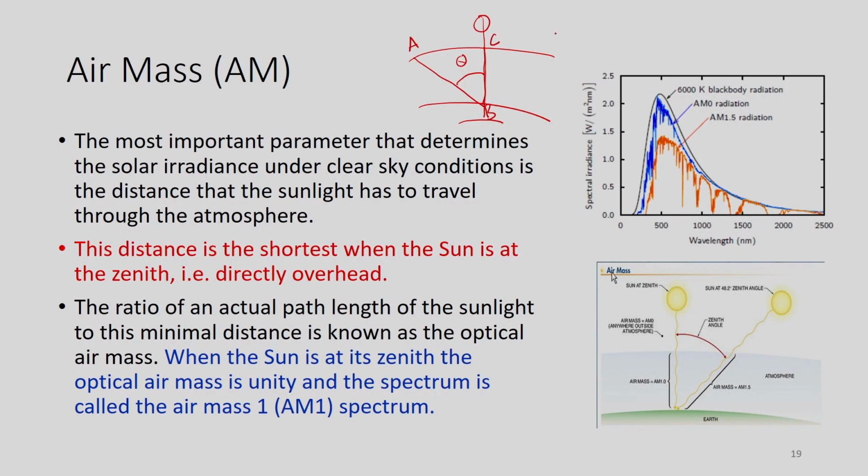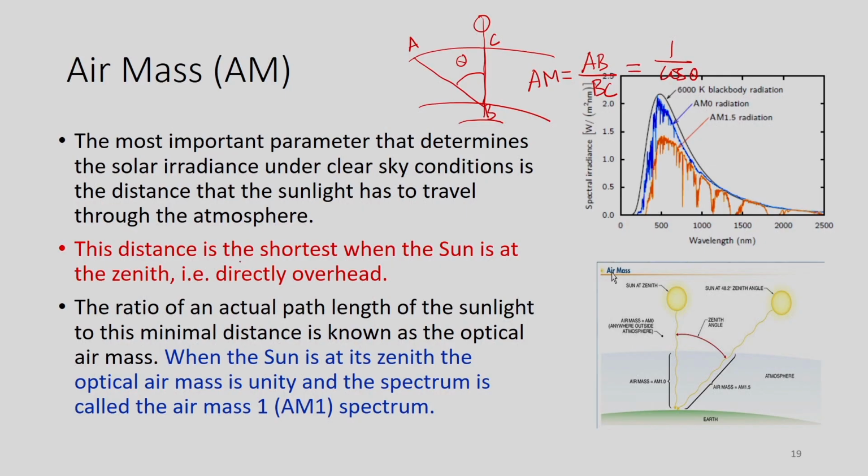Okay. So, how we define AM is something like AB by BC. Okay. So, this is something like 1 by cos of theta. Okay.